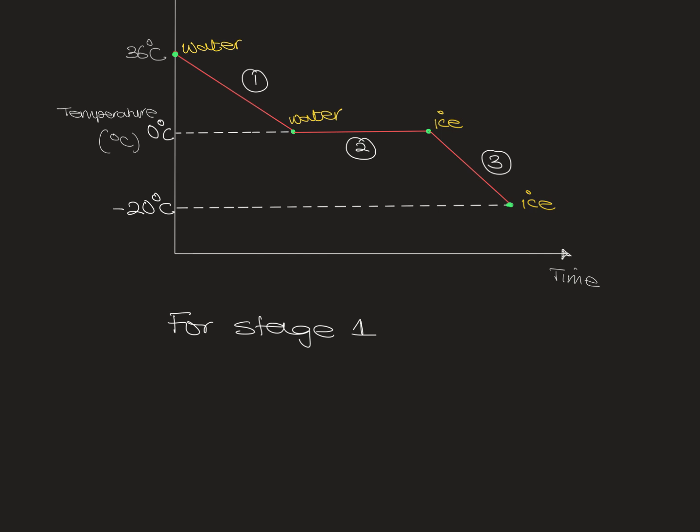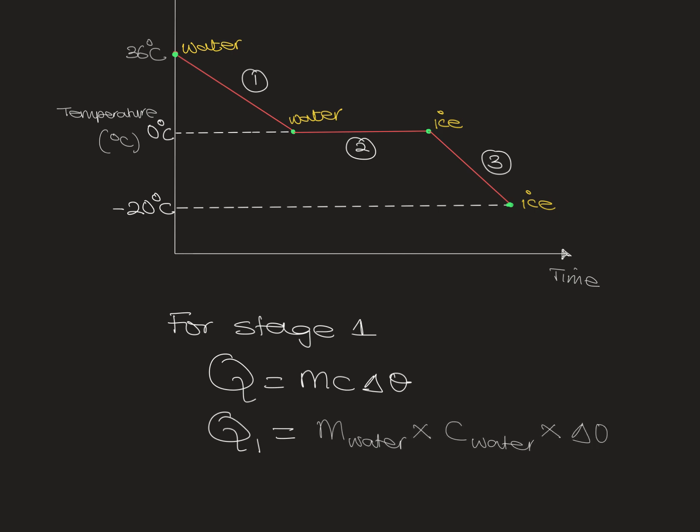So there is a change in temperature, meaning that we're going to use Q is equal to MC delta theta. So that is Q1 is equal to the mass of the water times the specific heat capacity of the water times change in temperature.